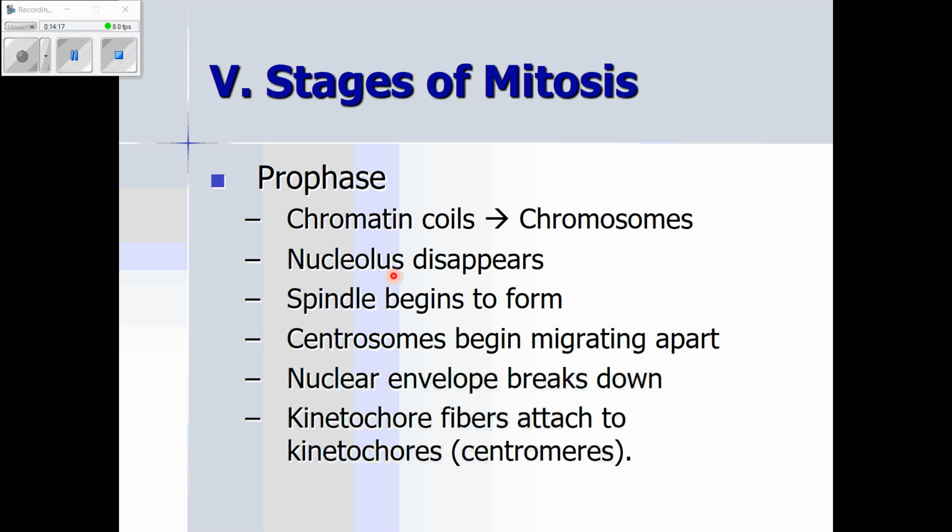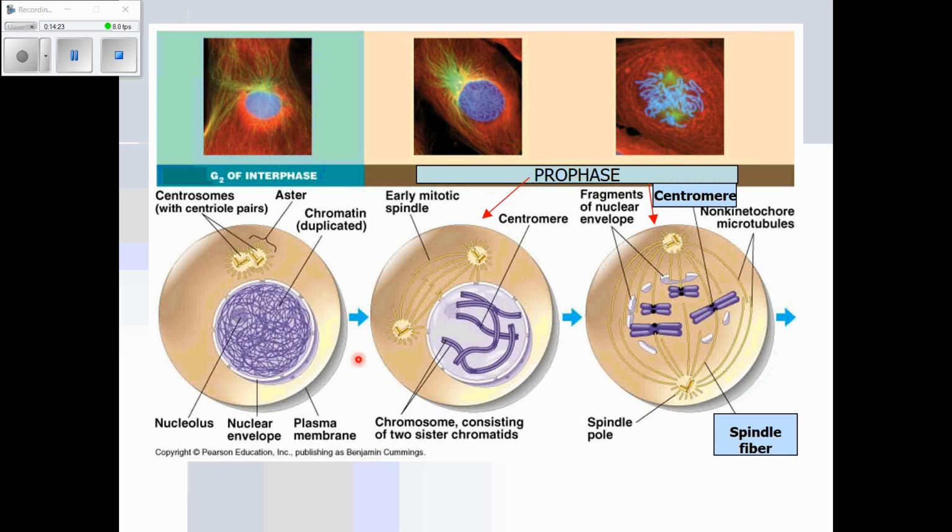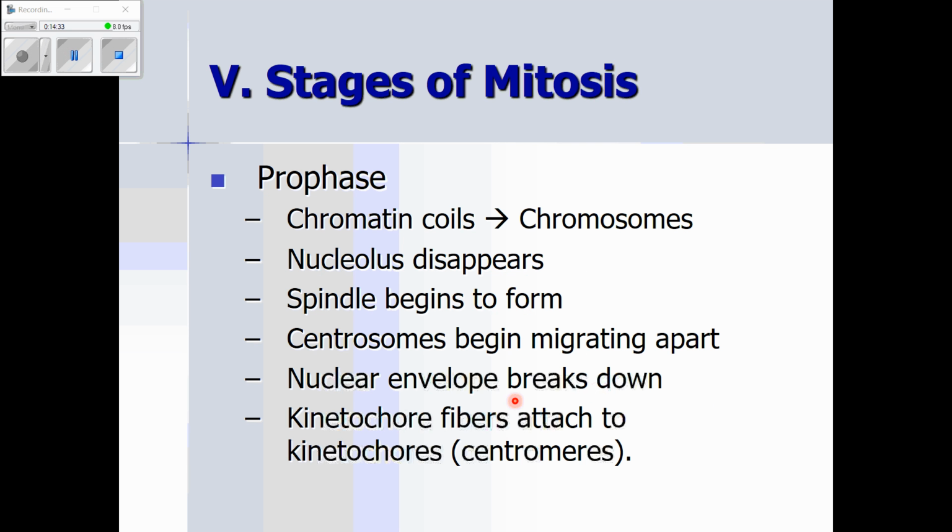The nucleolus disappears, the spindle fibers form, the centrosomes migrate apart. Remember, they started out side by side, and they get further apart. By the end of prophase, they are just about on opposite ends of the cell. The nuclear envelope breaks down, and here's a fancy term: the kinetochore fibers attach to the kinetochores.